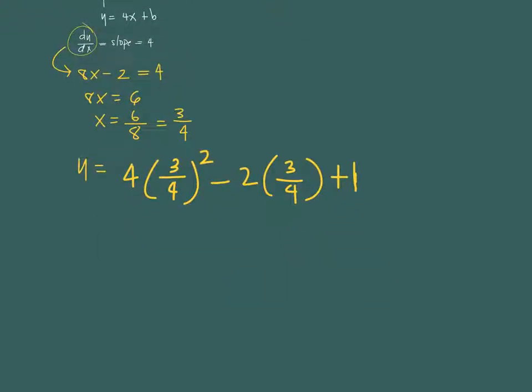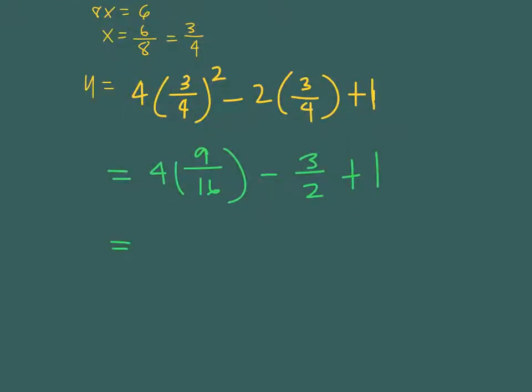So we have to do some arithmetic. 3/4 squared times 4. 9 over 16. So that's 4 times 9 over 16. 2 times 3 over 4, 6 over 4 or 3 over 2, plus 1. This will be 9 over 4 minus 3 over 2 plus 1.